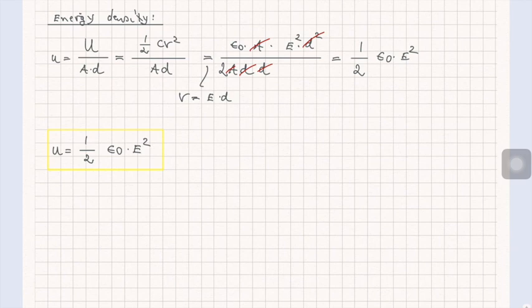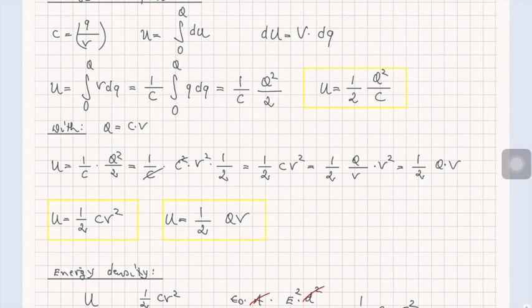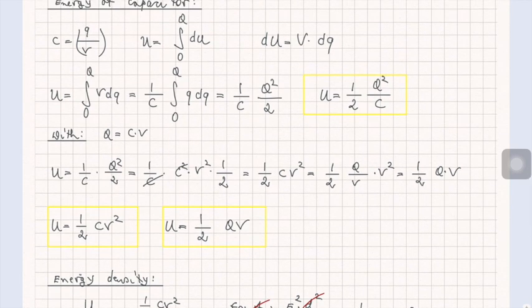So please go through this simple calculation here concerning the energy of a capacitor. This is generally a statement. This is not specific for a parallel plate or cylindrical or spherical capacitor.